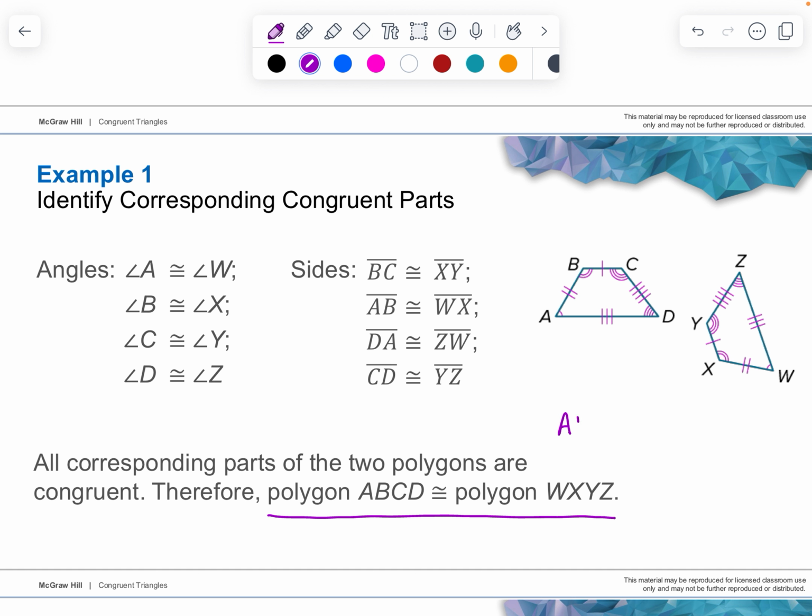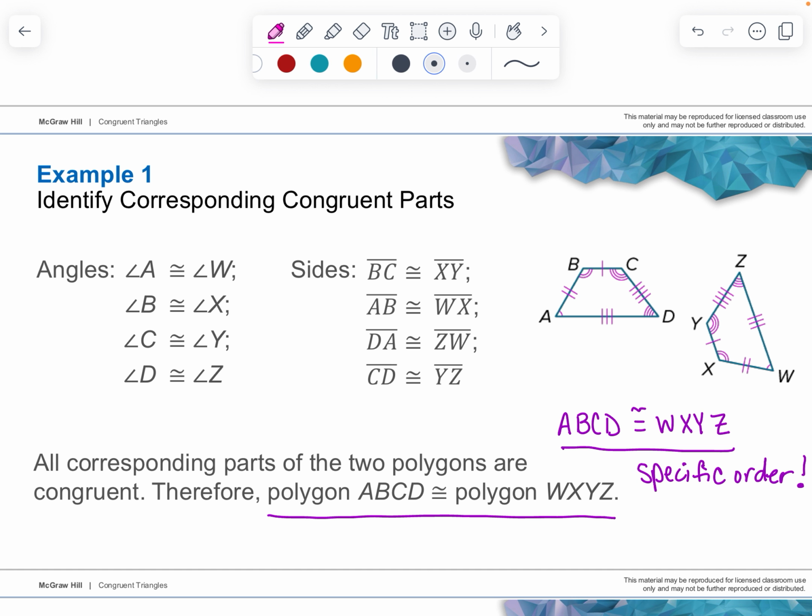And you can also write it as ABCD congruent to WXYZ. Now, this is a specific order. You have to go in the order of congruence. So I'm going from A to B, then B to C, and then C to D. I'm going from my single angle to my double angle here.